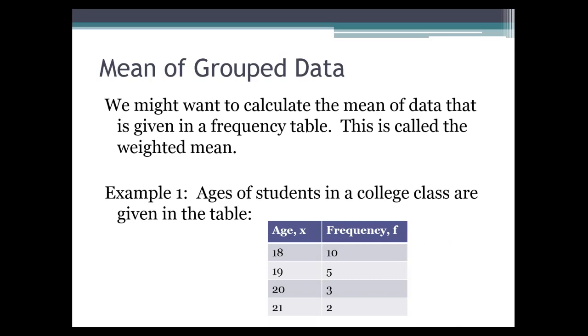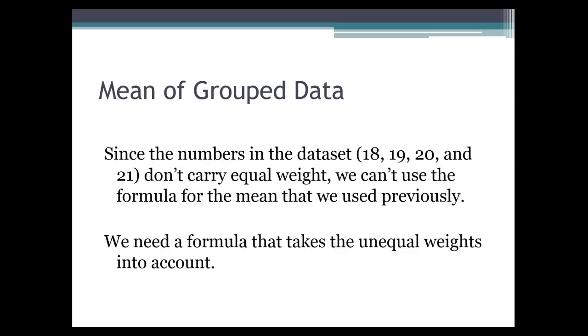It would not be correct to calculate the mean of these ages by saying 18 plus 19 plus 20 plus 21 and then divide the result by 4. The reason that's incorrect is that there's more 18-year-olds than 21-year-olds. These don't have equal frequencies, and we need a mean calculation that takes that into account.